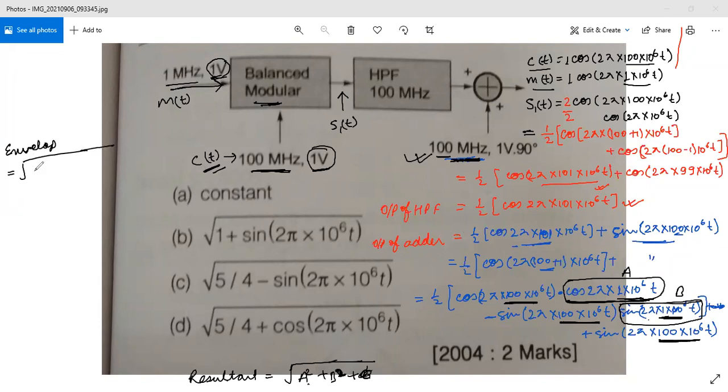So the value of a square is half. So half square, क्योंकि यहाँ पर ब्रैकेट के बाहर आप देख रहे हैं यहाँ पर हाफ है.